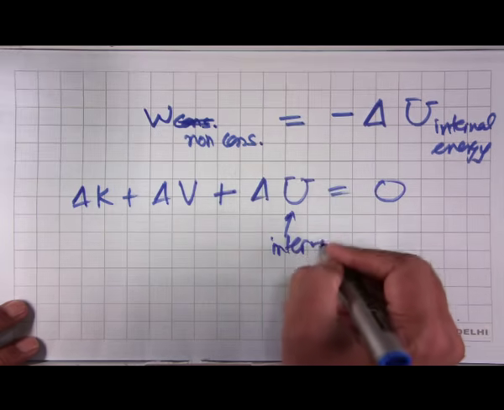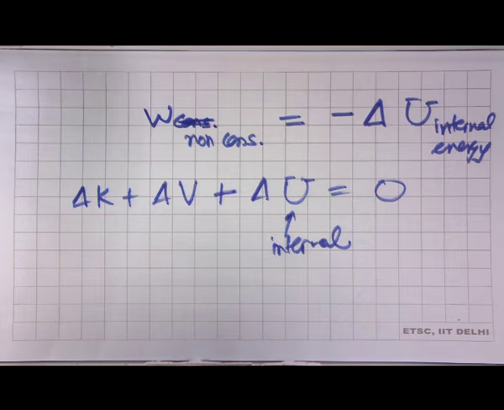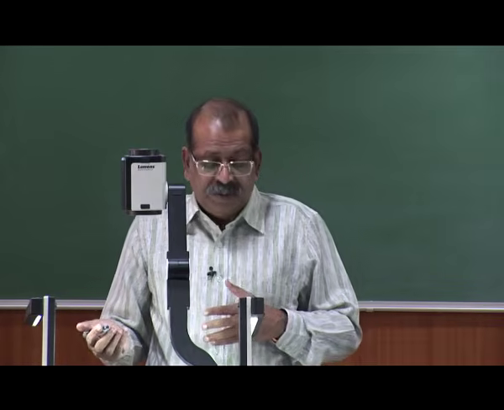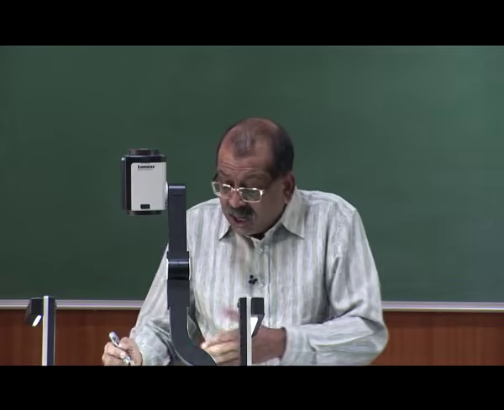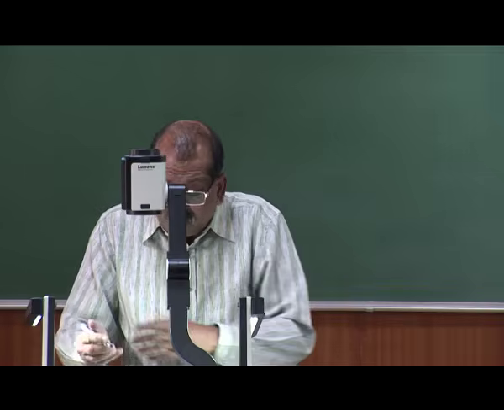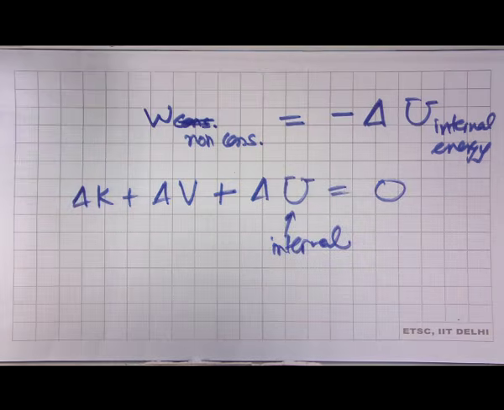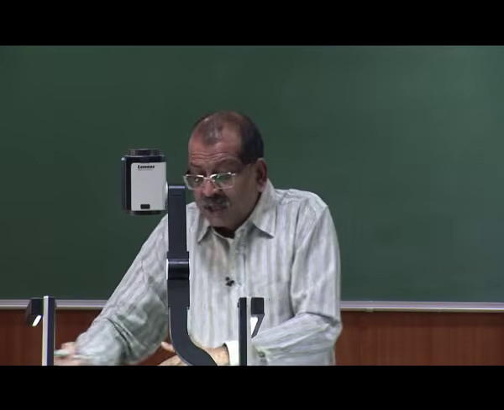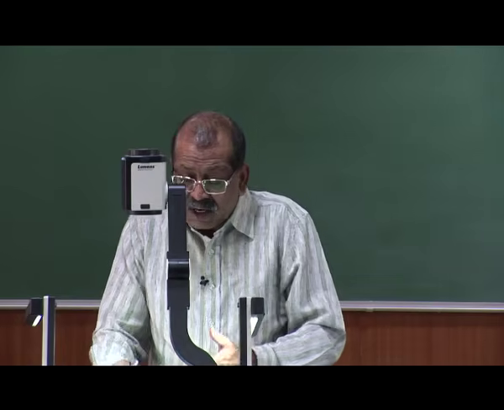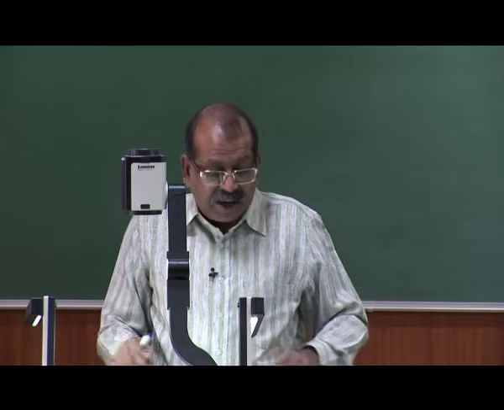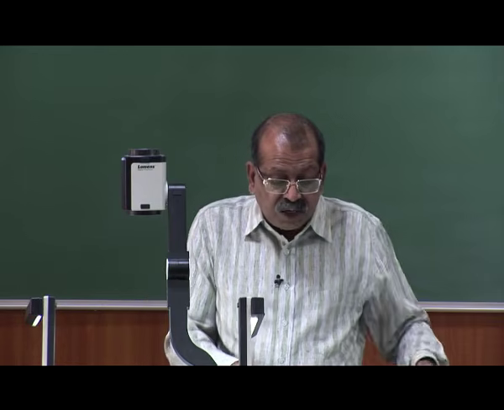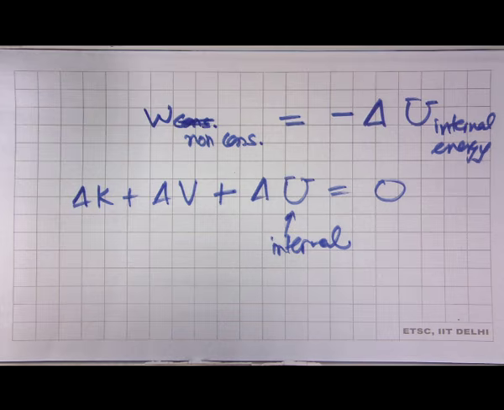And this can be seen as a generalized form of the law of conservation of energy. There could also be changes in other forms of energy, not just mechanical energy, there could be electrical, chemical or nuclear, and all these would also be added like delta U here. And this would then become the generalized form of conservation of energy.